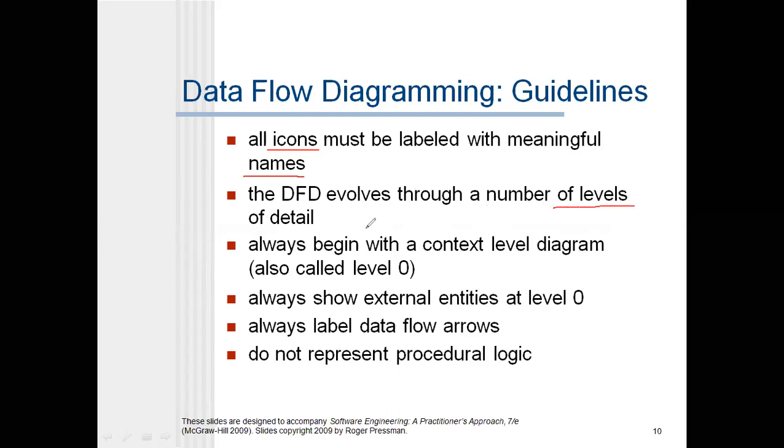A DFD may have a number of levels. If you want to know about a module in detail, you go by the levels. The first level gives only an overview, which is the zero level. If you go for level one, it gives a little more detail than the zeroth level.